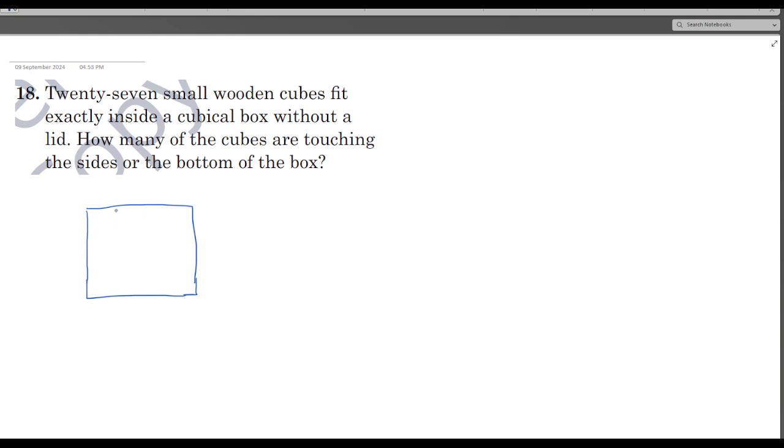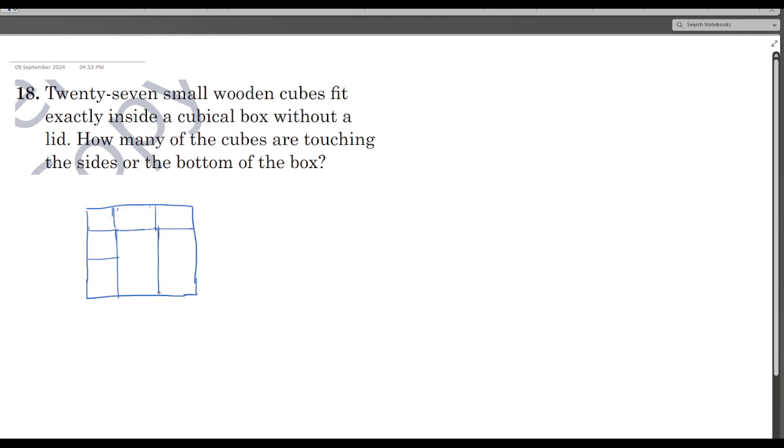So I can say that on your bottom there are a total of 9 cubes. Like this is 1, this is 2, and this is 3, and similarly in this direction you have 1, 2, and this is 3.